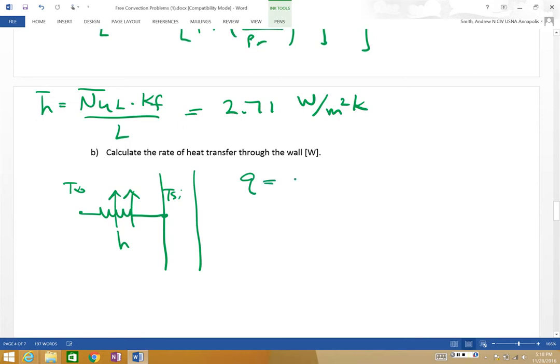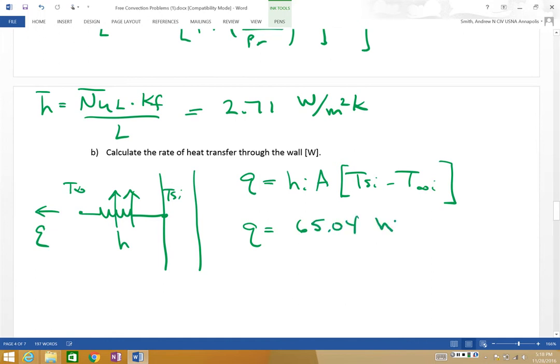Q equals H inside times area times (T surface inside minus T infinity inside). That gets me the Q going in that direction. So Q comes out to be 65.04 watts.